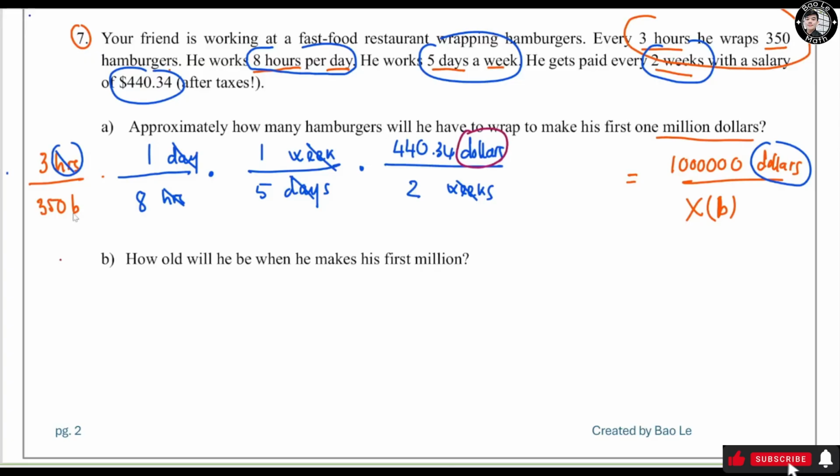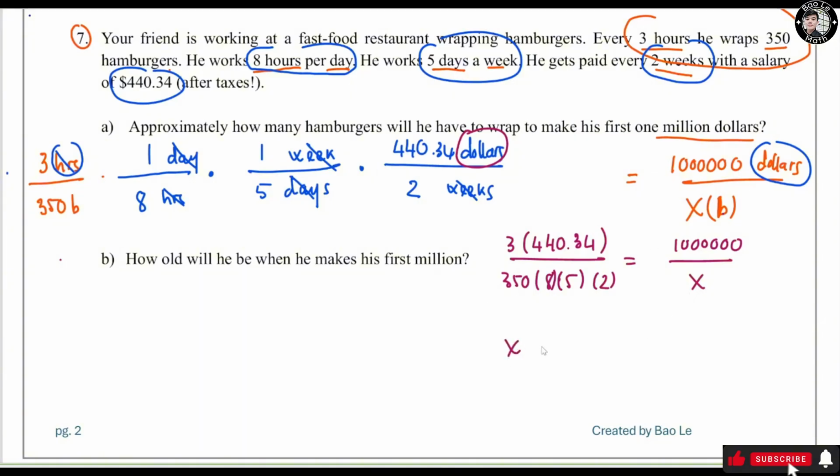Now look at the bottom right here, we have B. We need B right here. That's pretty good. So we're going to simplify this one. It turns out to be 3 times 440.34 over 350 times 8 times 5 times 2 equals 1 million over S. To solve for S, we're going to cross multiply.